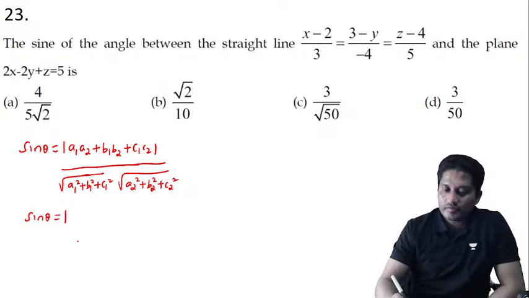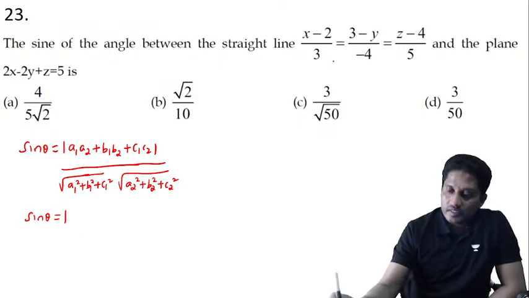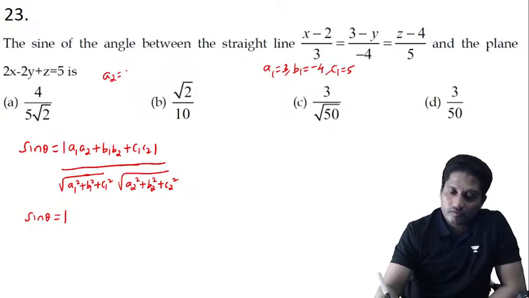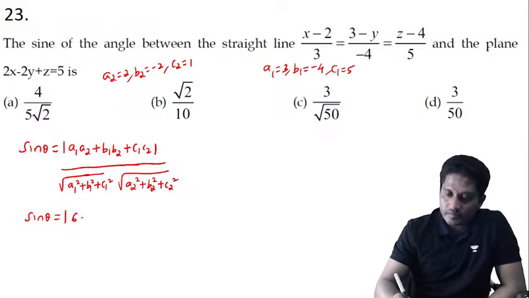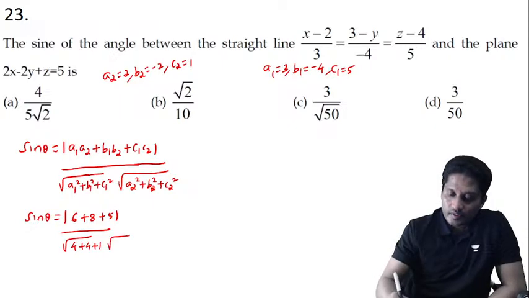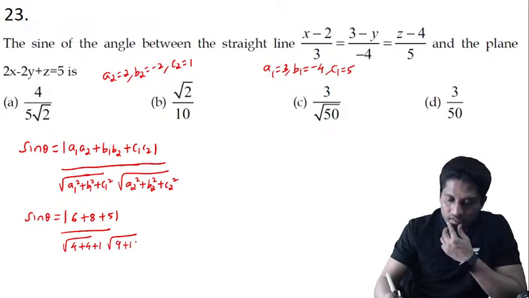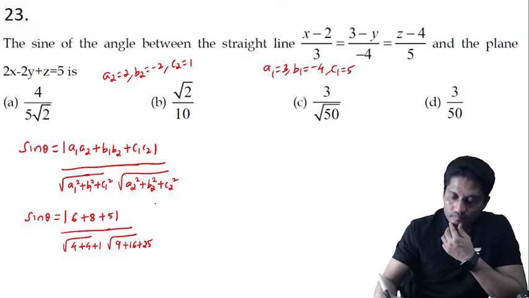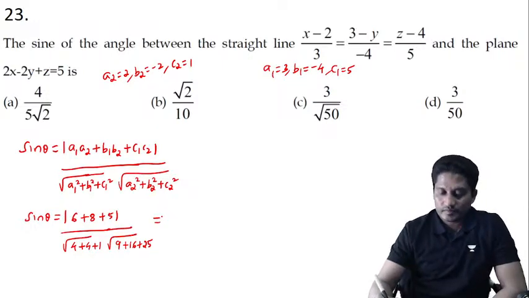Here the drs of this line are a1, b1, c1. This a2 is 2, b2 is minus 2, c2 is 1. So you get 6, minus of minus is plus, and plus 5, by root of 4 plus 4 plus 1, root of 9 plus 16 plus 25.